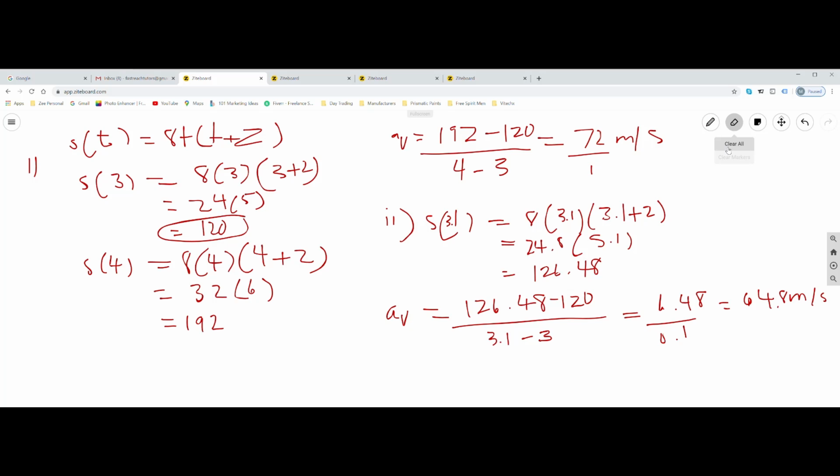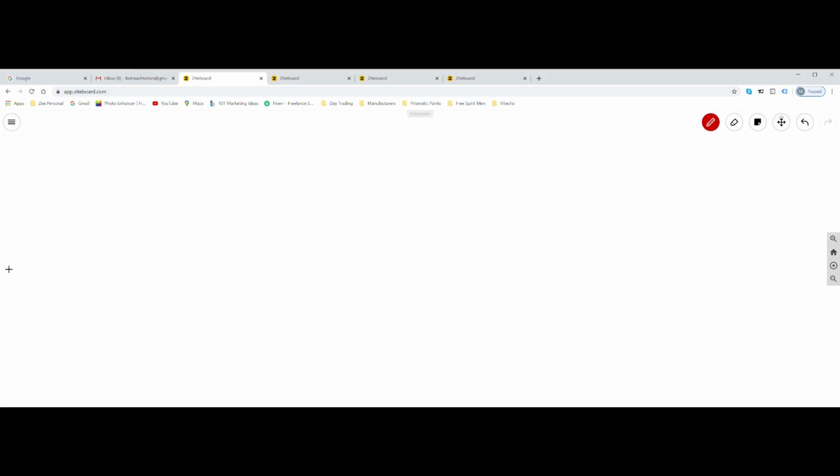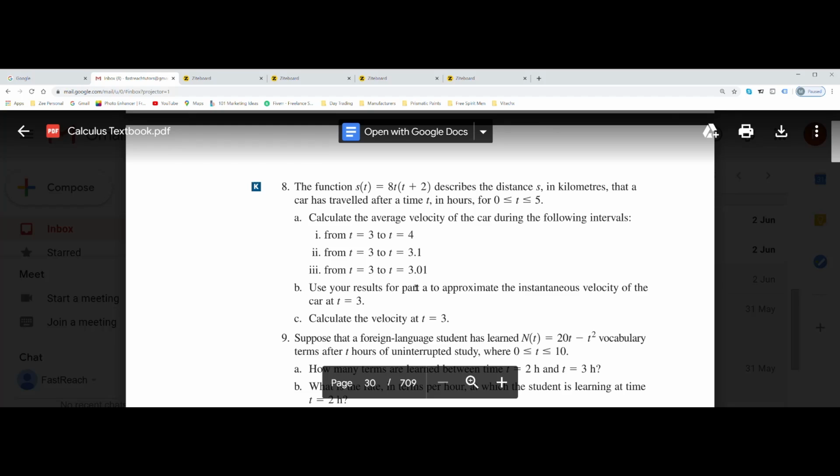Now let's do the next one, which is 3.01.